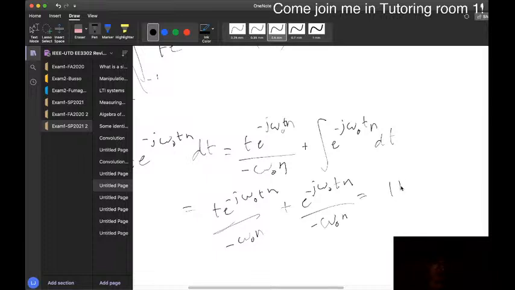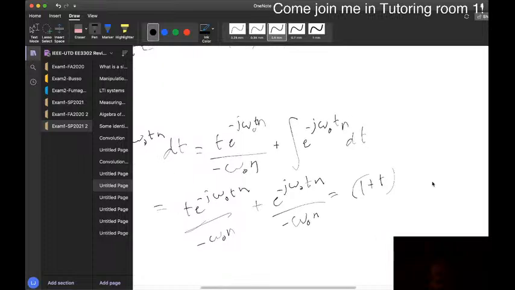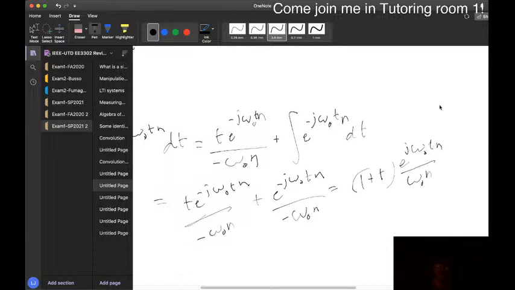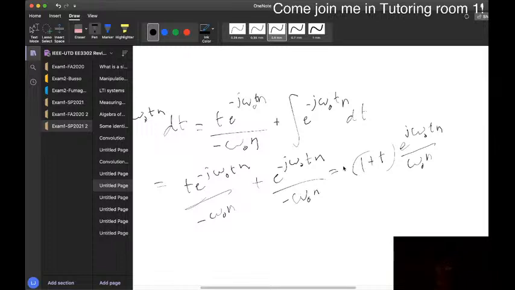So this is (1 plus t) e to the omega naught t n over omega naught n. Okay, yeah, that's that.